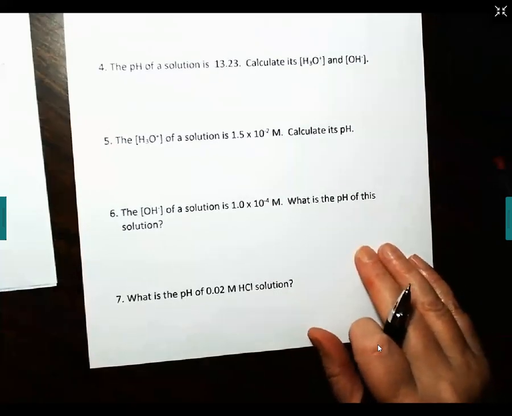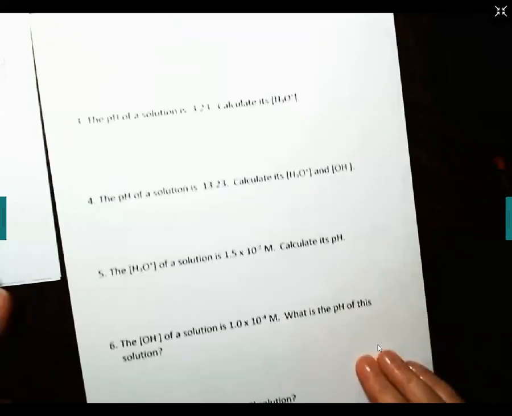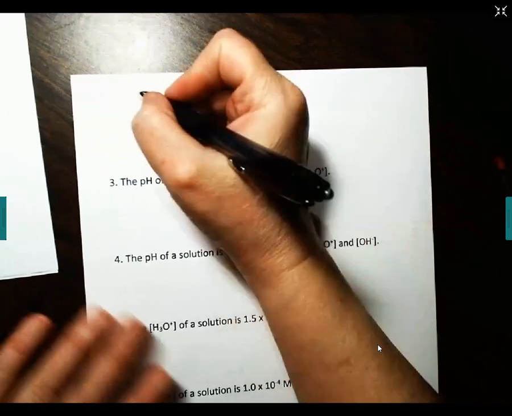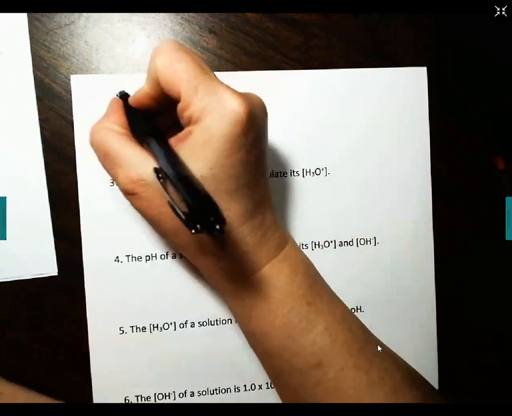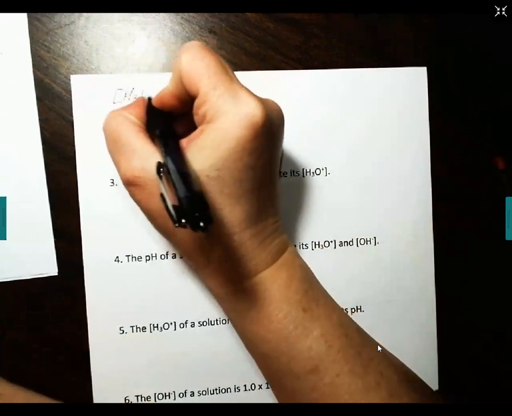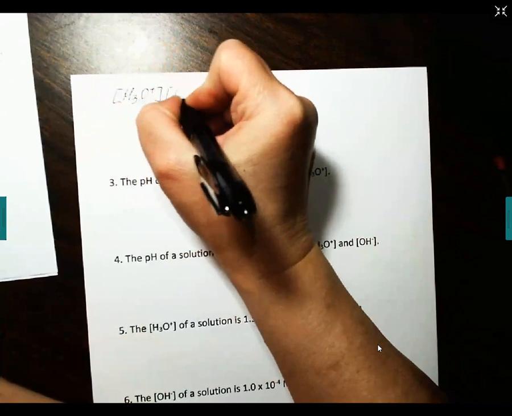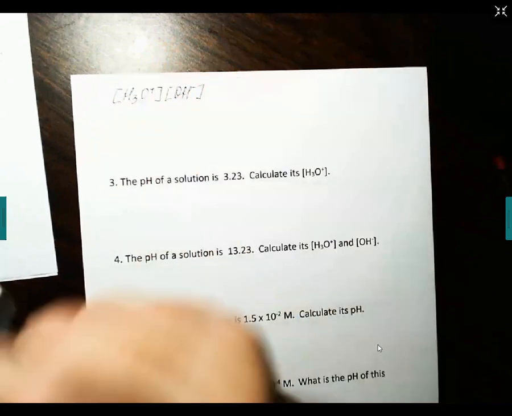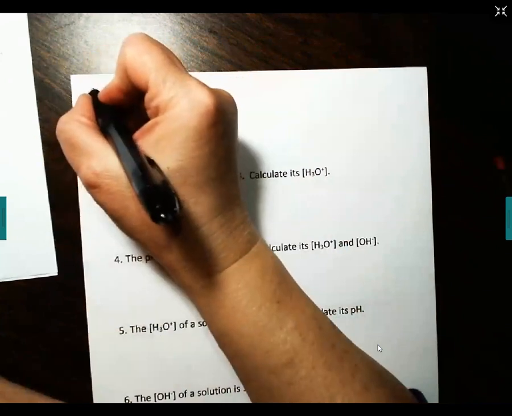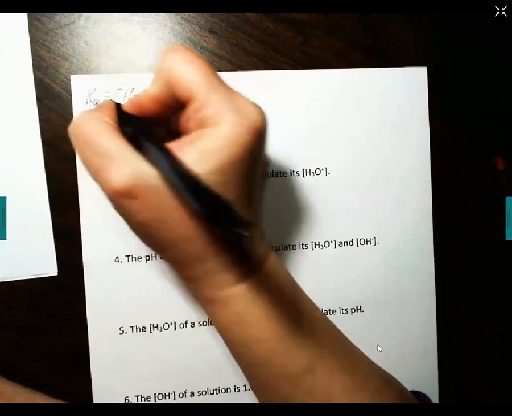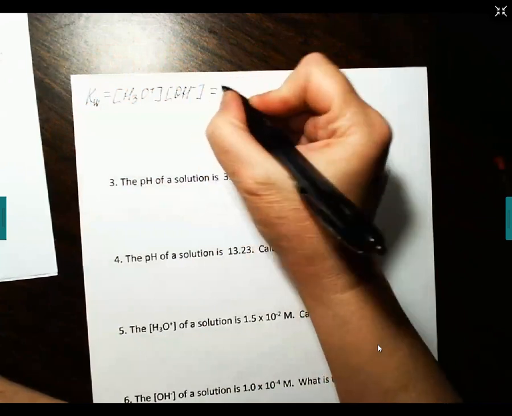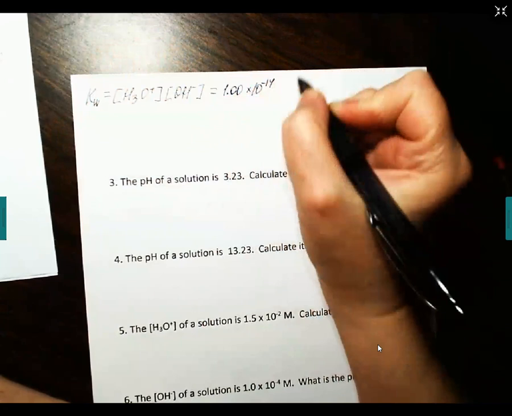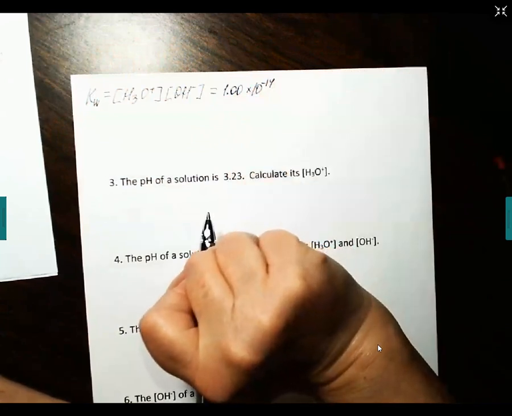Now let's talk about pH. So what do we need to remember about pH? First, we need to remember that H3O plus times OH minus is called water ionization constant, and this product equals 1.0 times 10 to the negative 14, no units.